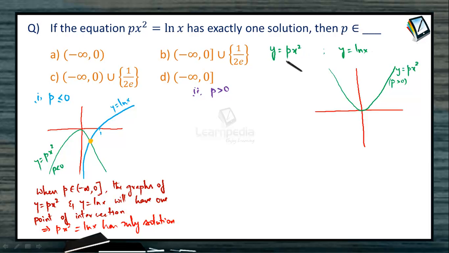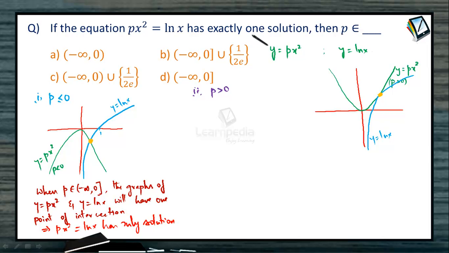As the number of points of intersection should be only 1, the graph of y equal to ln x should be only touching this graph, they should be touching at one point, right? Otherwise, if they intersect, they'll intersect at at least 2 points. They cannot intersect at one single point. That means it will have two solutions.